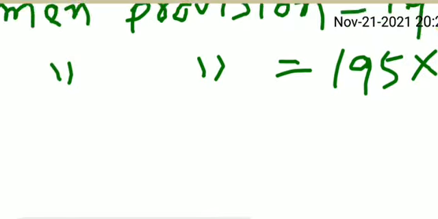Next one. Here 30 men already died due to an epidemic, so the remaining men is 120 minus 30, that is 90. Okay, so 120 minus 30, that means 90 men.